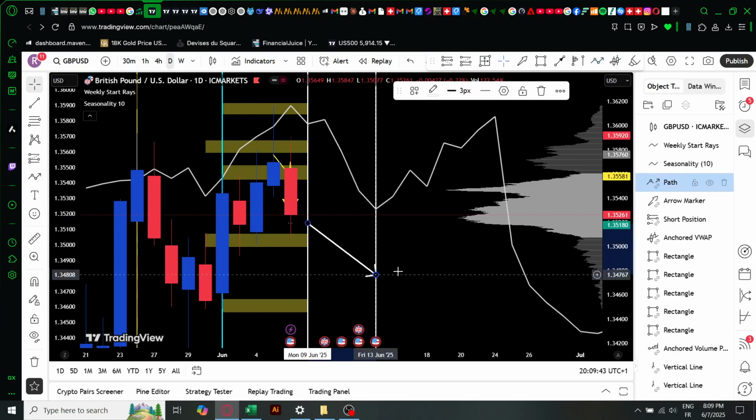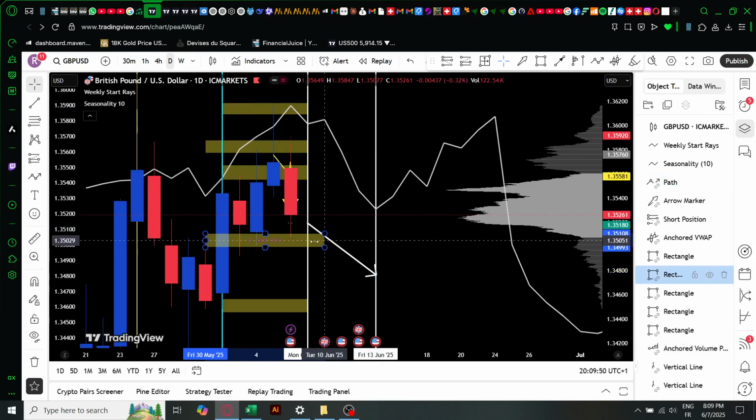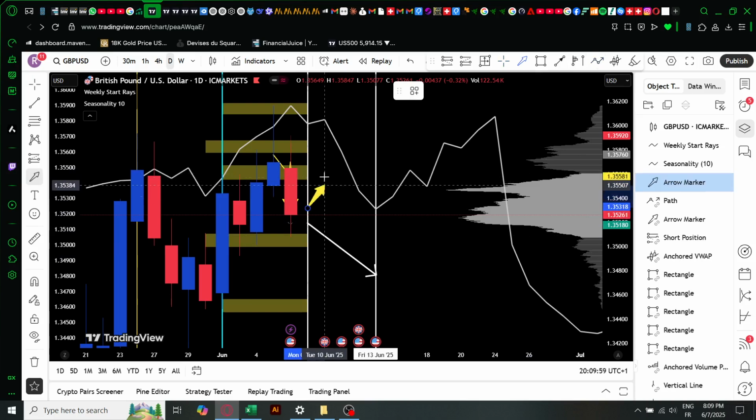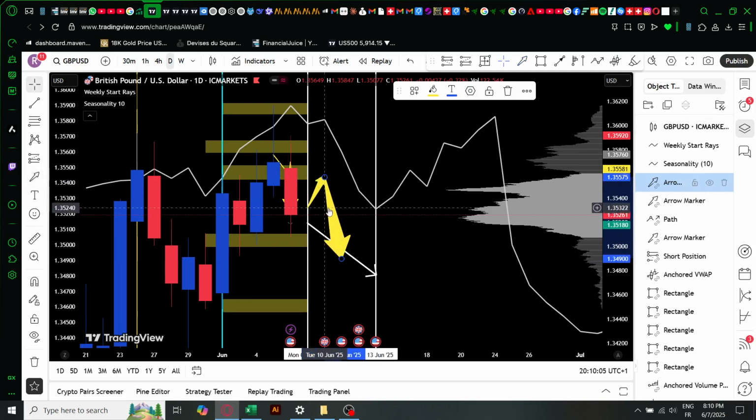And it's down. What's good about this is we didn't break this zone. So what does it mean? It means price can come back to this level to retest, and then it will try to break it, so we can get enough liquidity from this level.